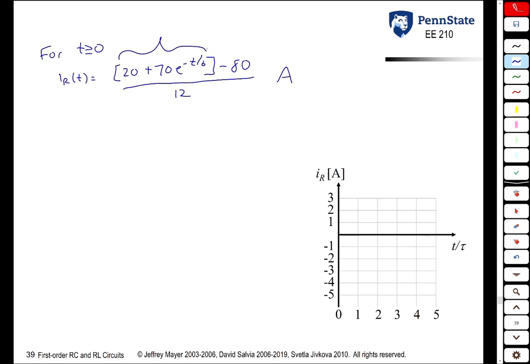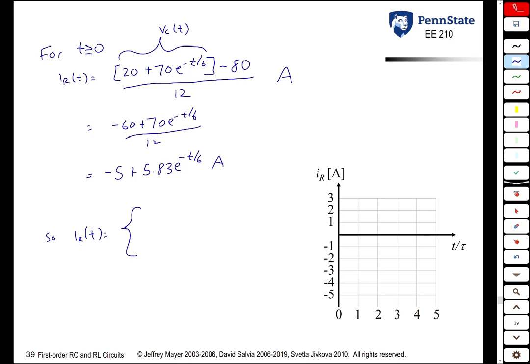Once again, this part was Vc of t from the previous problem. You get minus 60 plus 70 e to the minus t over 6, over 12, or minus 5 plus 5.83 e to the minus t over 6 amps. So we can get our general expression for IR of t valid for all time.